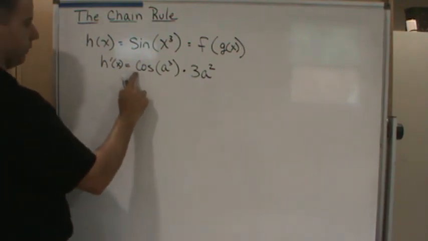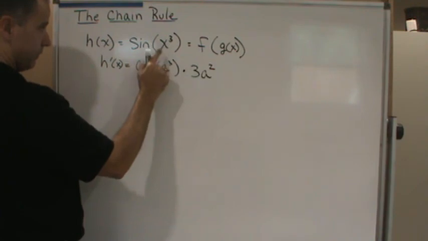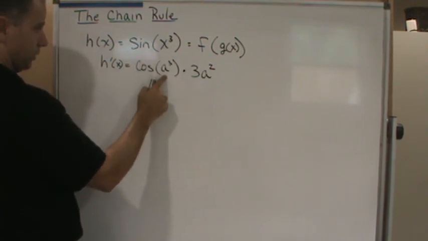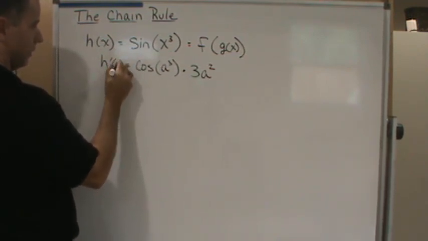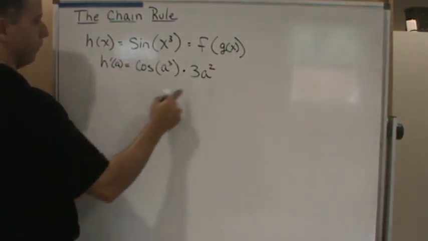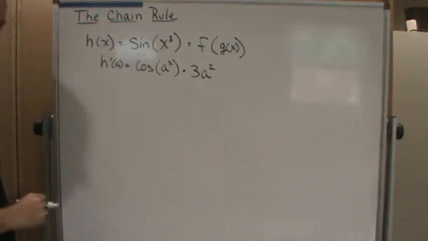So we have the derivative of the outside function at the inside function, which is a cubed, and then we have the derivative of the inside function at a, which gives us this one. We're done. And that's the chain rule.